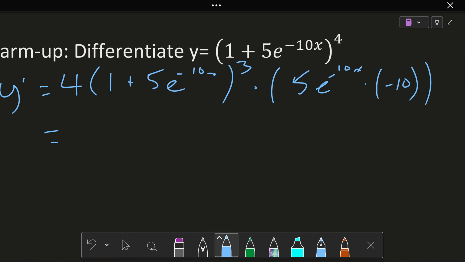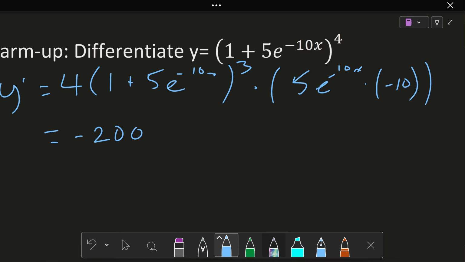So I'm going to write down my first part, which doesn't need much cleaning up. Well, except for that 4 and that minus 10 and 5 at the end can actually all come together to simplify down, because that 4 is outside of the bracket. So if I look at all my constants, 4 times 5 is 20, times minus 10 is minus 200.